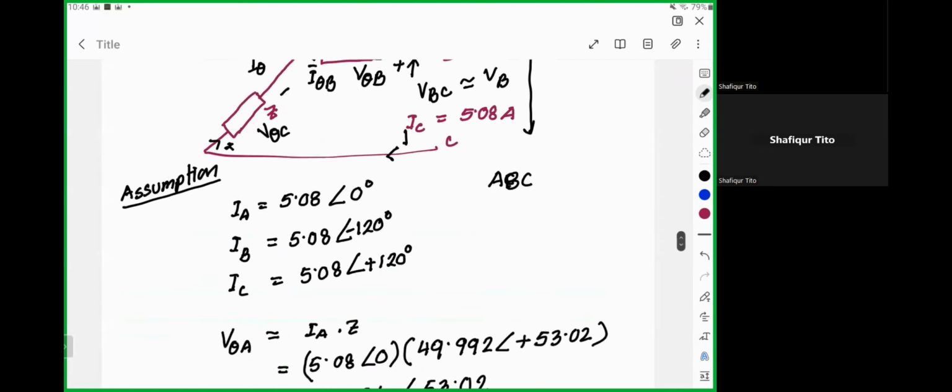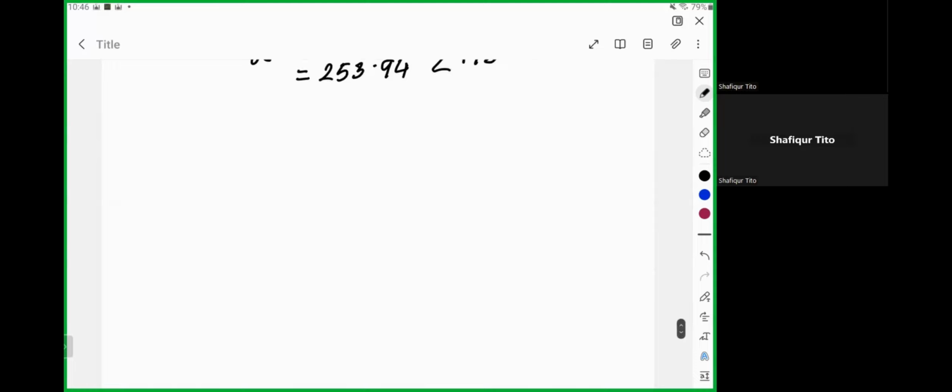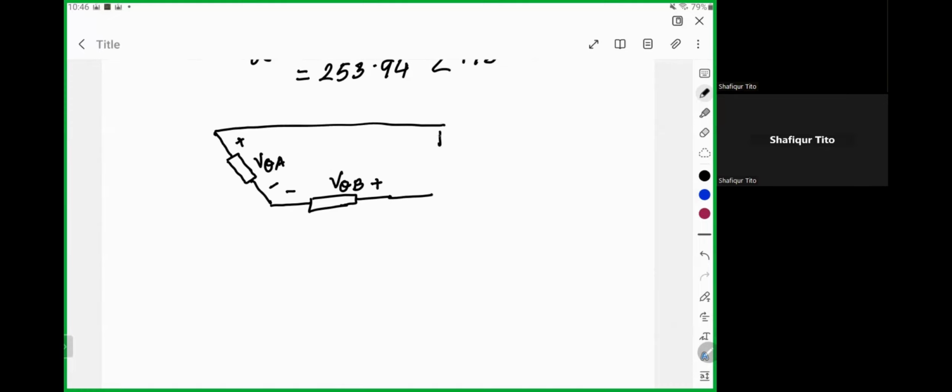So we can consider only one loop. That is my V theta A, and we have considered this is my positive terminal, this is my negative terminal. And then we have V theta B. If you are not following, just let me know. So this is my positive and this is my negative. And then we have considered this is my voltage VAB.